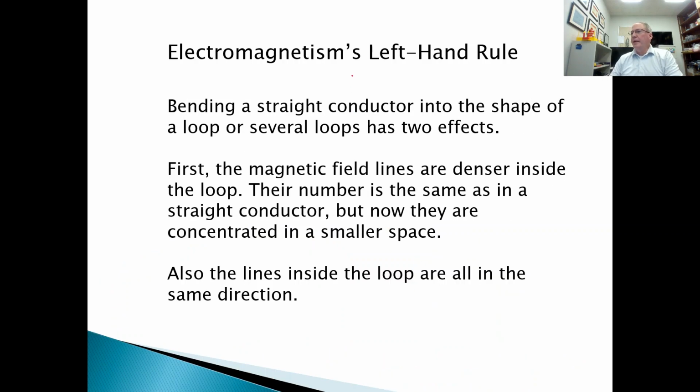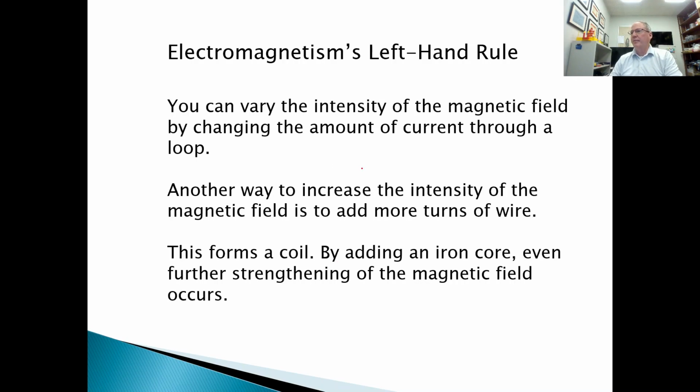Now, bending a straight conductor into the shape of a loop or several loops has two effects. First, the magnetic field lines are denser inside the loop. Their number is the same as in a straight conductor, but now they are concentrated in a smaller space. Also, the lines inside the loop are all in the same direction. Now, you can vary the intensity of the current through a loop by changing the amount of current.